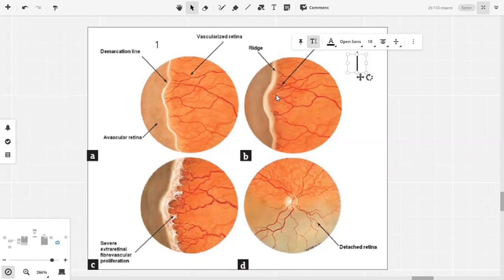These are small tufts of new vessels here. So small tufts of vessels along with a ridge. This is which stage? Stage 2, right? So we have stage 1 and stage 2.